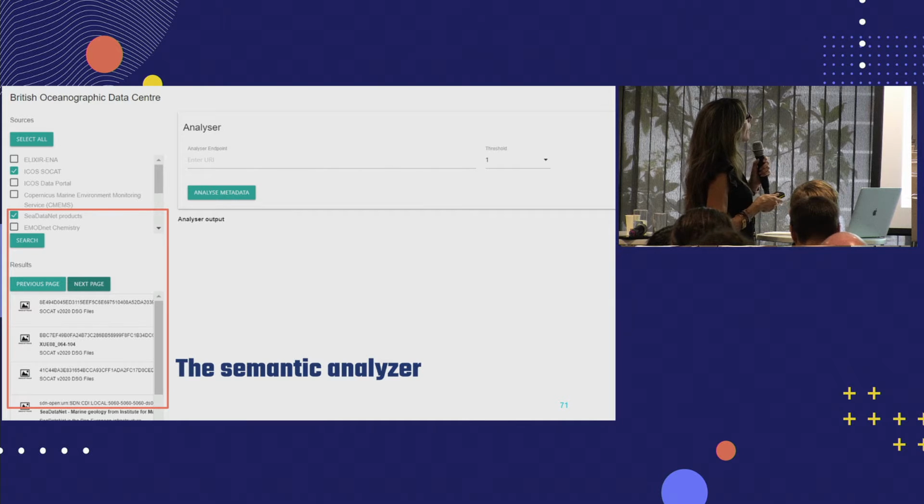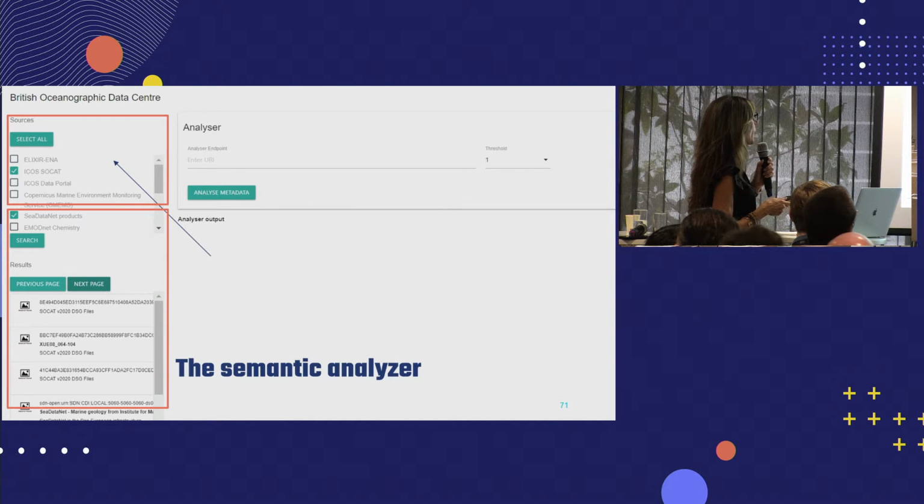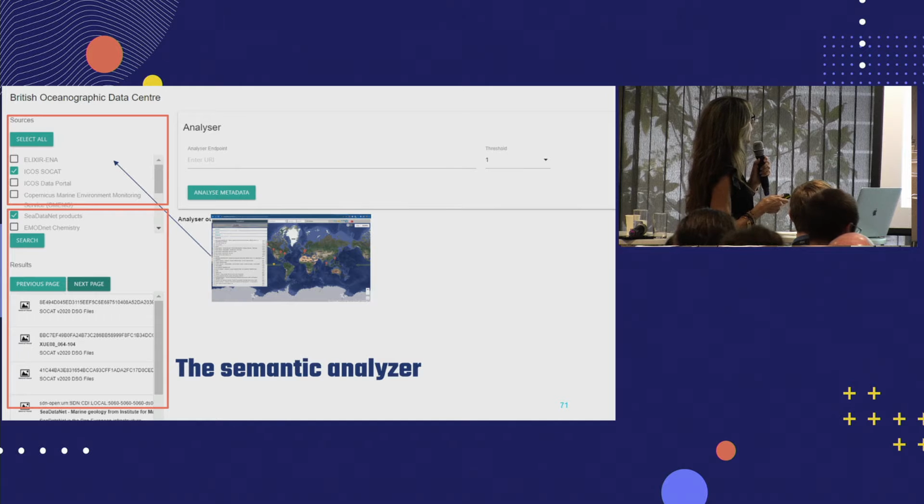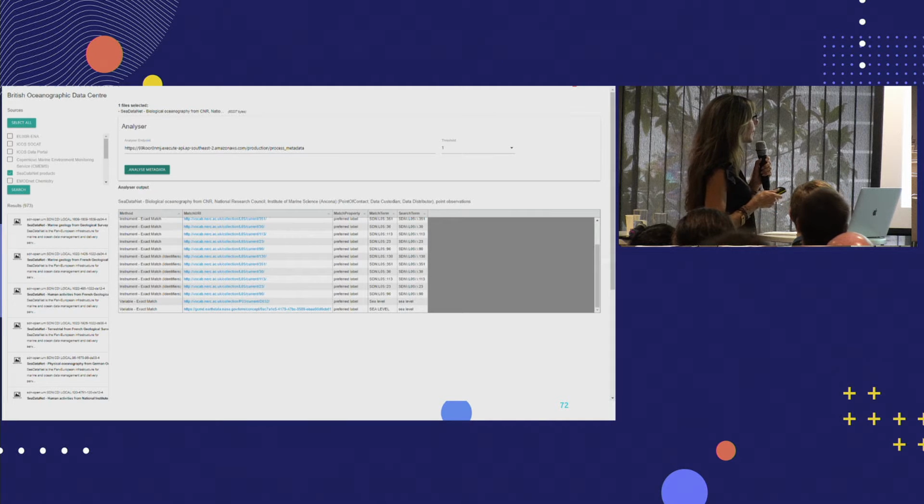The semantic analyzer looks like this. It accepts sources of data sets, and it gives XML metadata records currently, and the sources and the XMLs come from the GeoDub broker. They are already harmonized, and these are preliminary results.